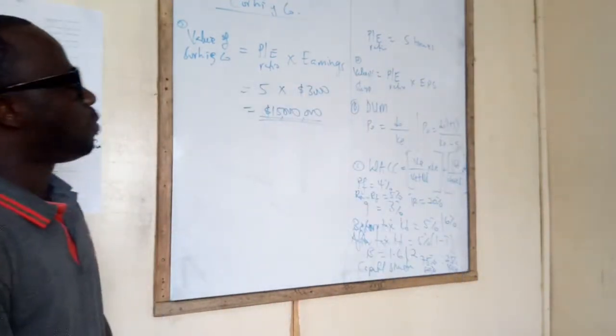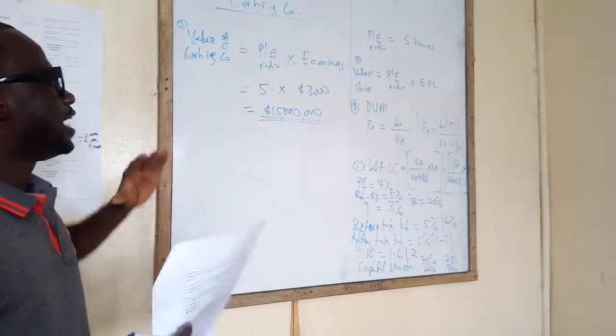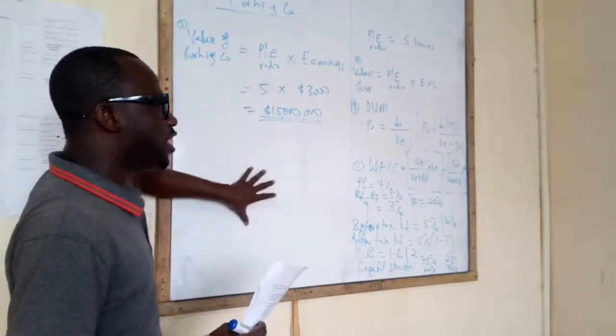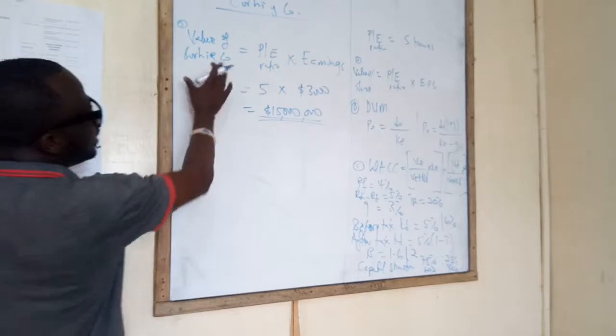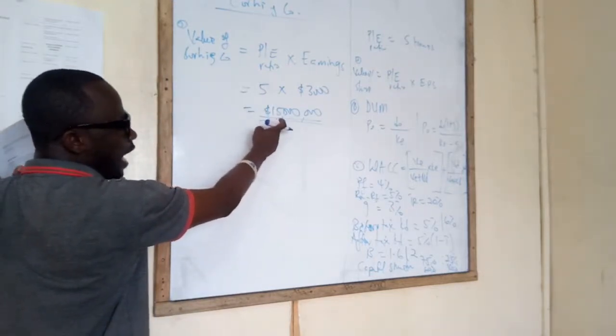So what we can do is this. You have to do a couple of ranges. For instance, this is case 1, using the current earnings.